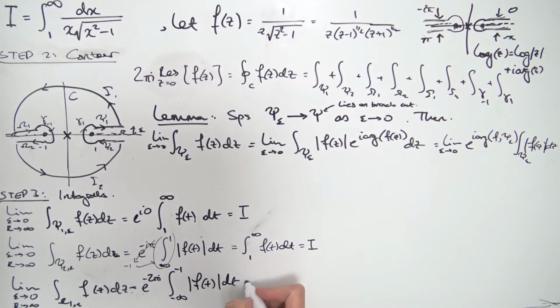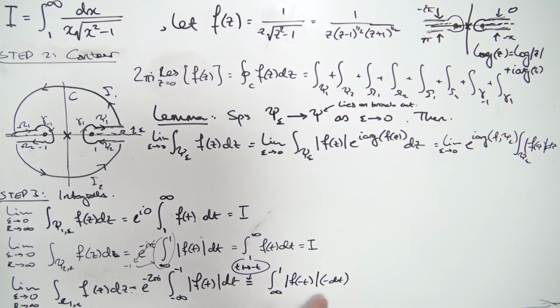So on our next equality, we're going to be making a little bit of a substitution. We're going to map t to minus t, so just doing a little bit of a change of variables there. E to the minus 2 pi I, that's just 1. But we're essentially left with the integral infinity to 1, since we put a negative in front of these bounds. Absolute value of f of minus t, since we map t to minus t. And dt, that's going to pick up an extra minus sign, so minus dt.